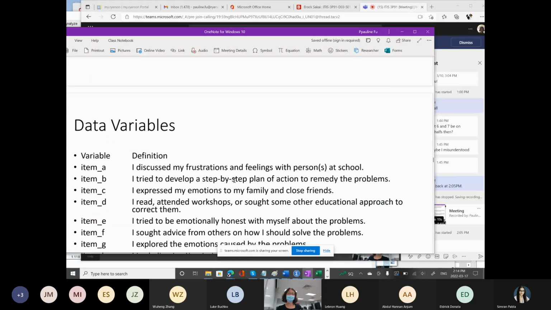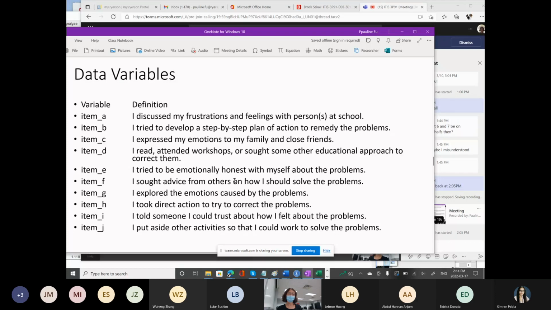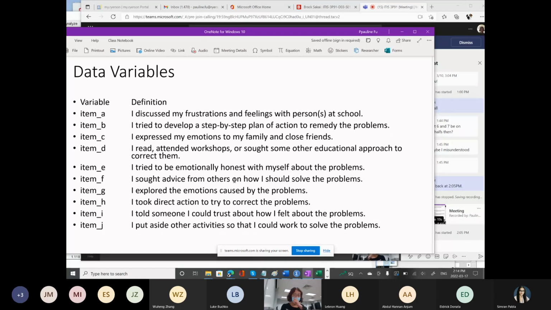So those are the data variables, 10 items. We are actually familiar with those items. They were used in the previous lessons, okay? So for example, item A represents, I discuss my frustration and feelings with people at school, etc.